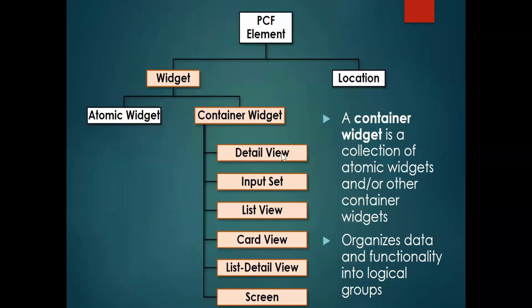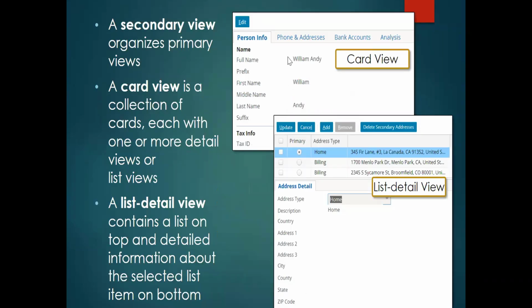These three are the primary views, right? List view, detail. So it can only be referred to here. It cannot be directly referred to the screen. So if we want to refer an input set to the screen, first we have to refer it to the detail view, then that detail view we have to refer it to the screen. Okay, so in secondary views we have card view. List detail view is also a type of secondary view.